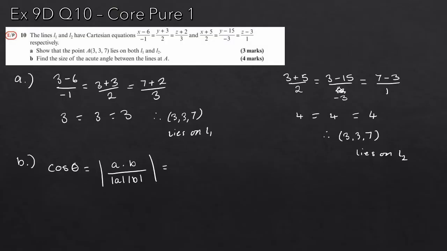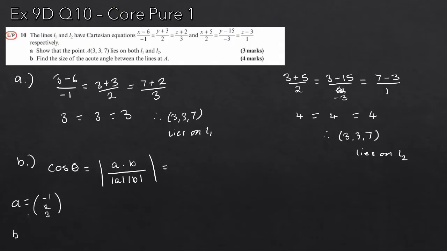So, for the acute angle at A, we just need to use this formula, but to save me having to write all my working out, we need to write what A and B are. So A will be equal. Now remember, we do the direction vector. We want to dot the direction vector, so it's going to be for A, which is L1, minus 1, 2, and 3.